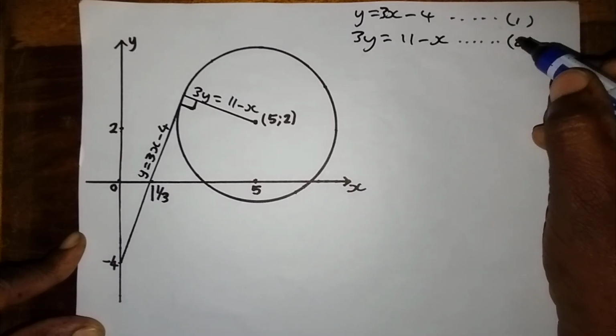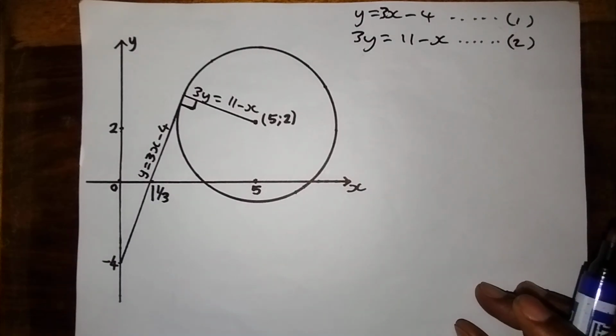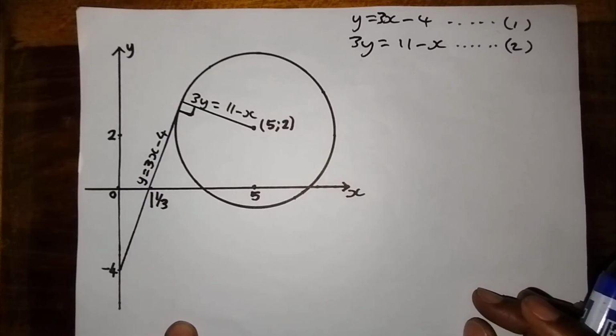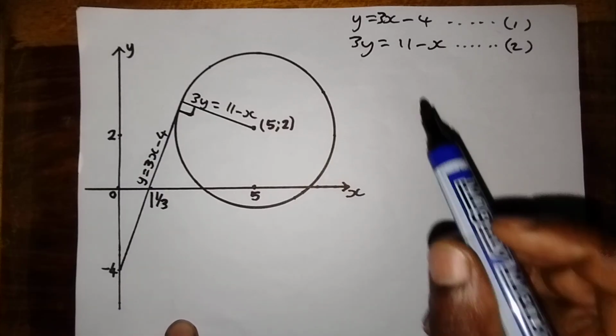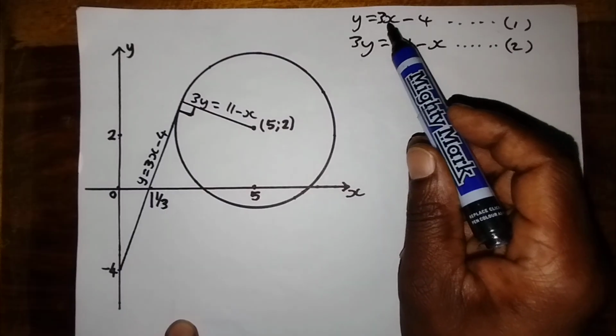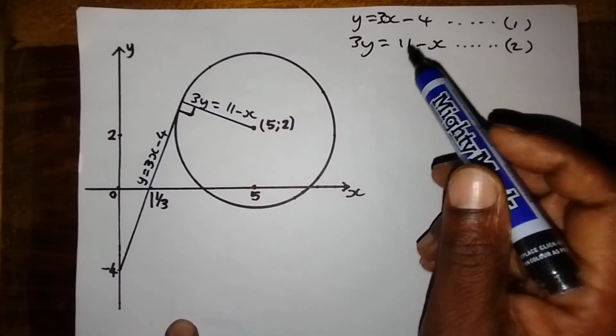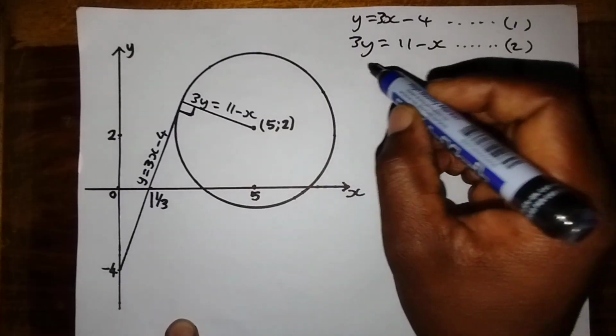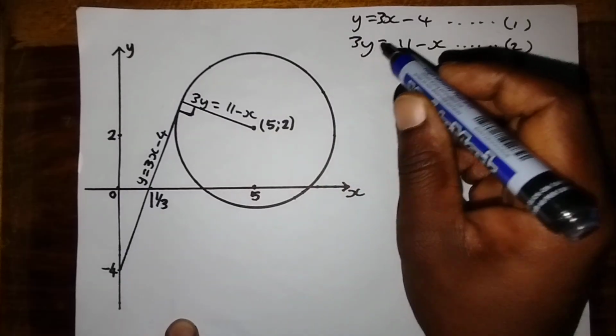There are many methods of solving simultaneous equations, but I'm going to use the substitution method. The first equation says y equals 3x minus 4, so I'm going to substitute 3x minus 4 for y in the second equation. Where there is y, I put 3x minus 4.